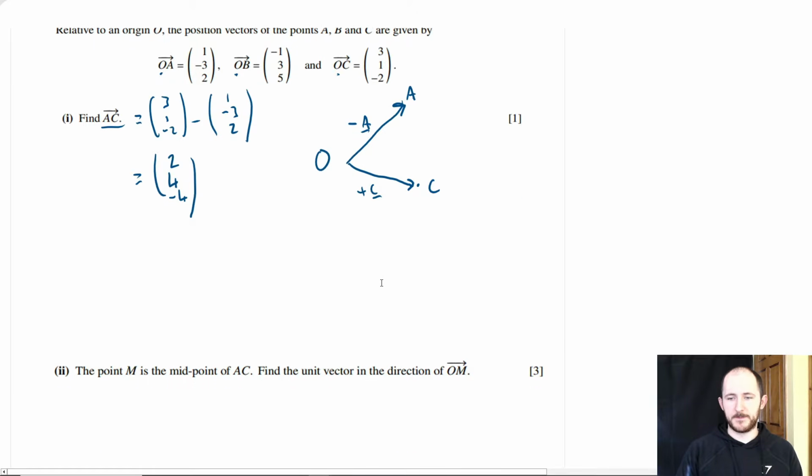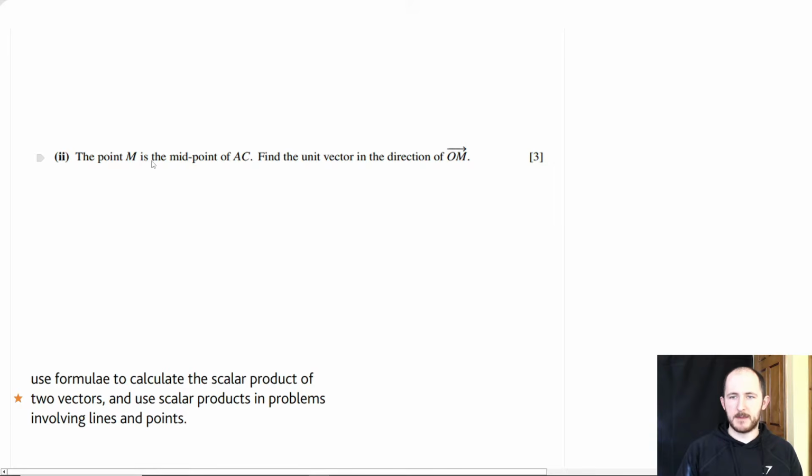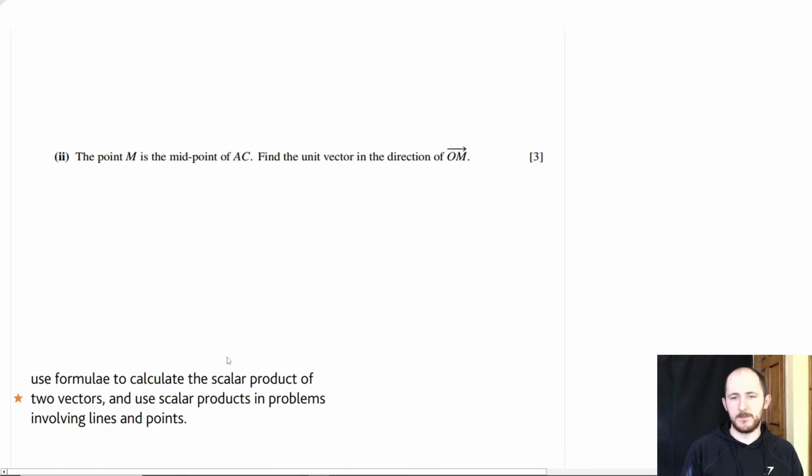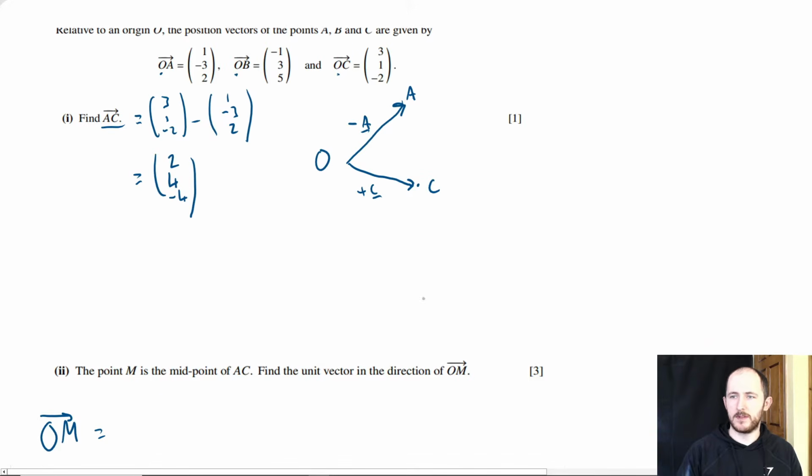Nice and easy, hopefully. Part 2: the point M is the midpoint of AC. Find the unit vector in the direction of OM. Again, this is using the exact first point here. So if we work out what OM would be, because it's the midpoint of AC, we can say that we'll go from O to A and then plus half of AC.